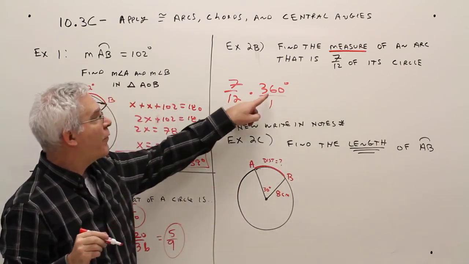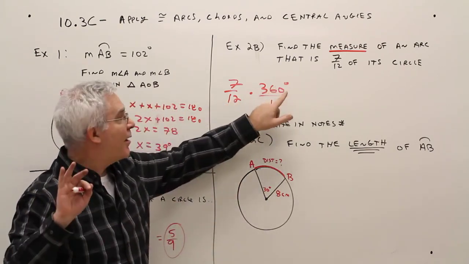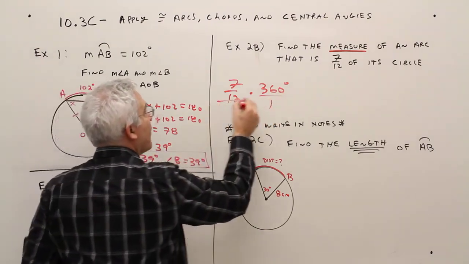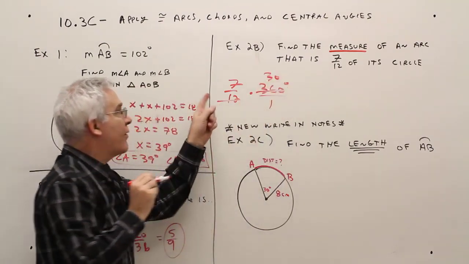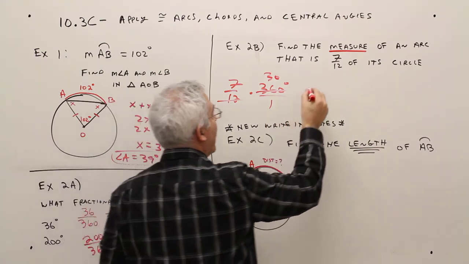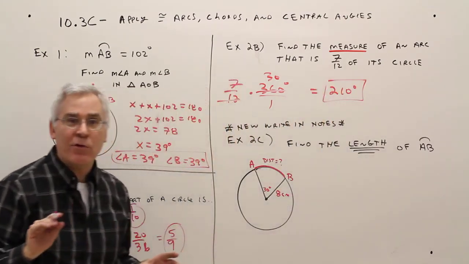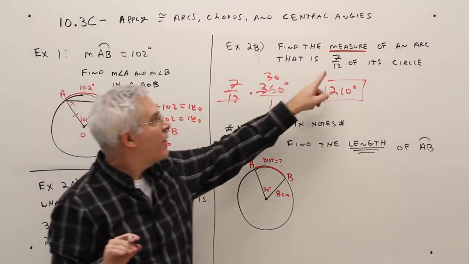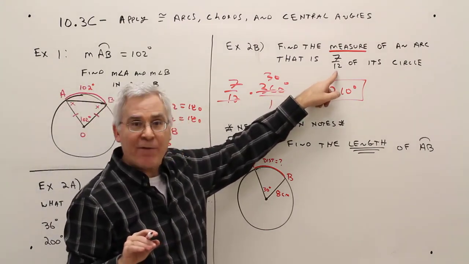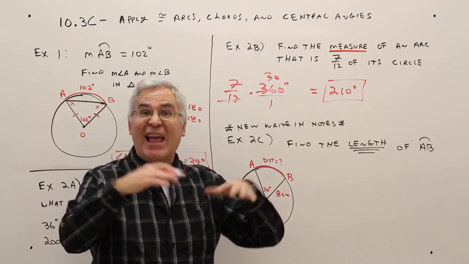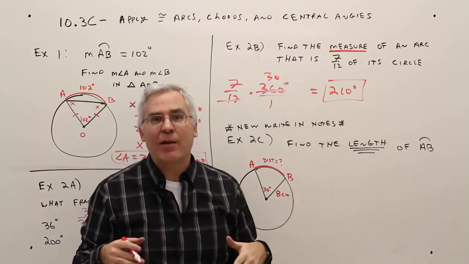I know 12 goes into 36 3 times, add the 0, so that'll be 30, and then 7 times 30 is 210. I always like to make sure my answers make sense. This is slightly over half of a circle, so this should be slightly over 180 degrees. That kind of makes sense.